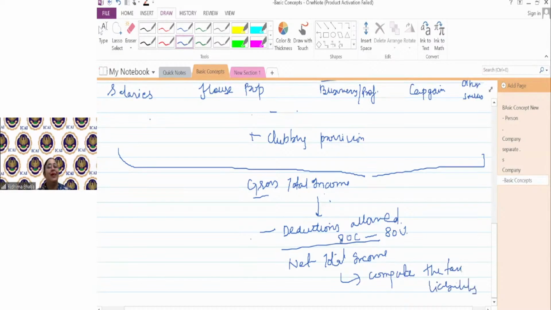How you compute the tax liability depends upon your residential status, the category of person you are, whether you're a company, a firm, or an individual, and the composition of your income.